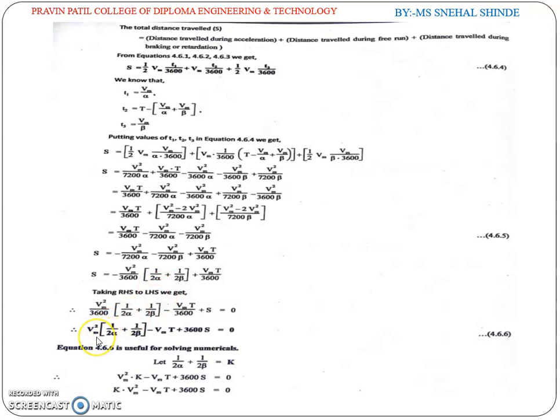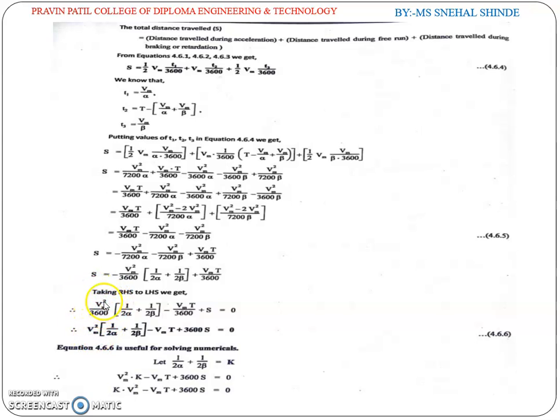So now again we have to divide and multiply by 3600. So we have divided and multiplied the 3600 term all over here. So now we will get, by multiplying, we have only multiplied 3600 to this equation. So just eliminate this part.